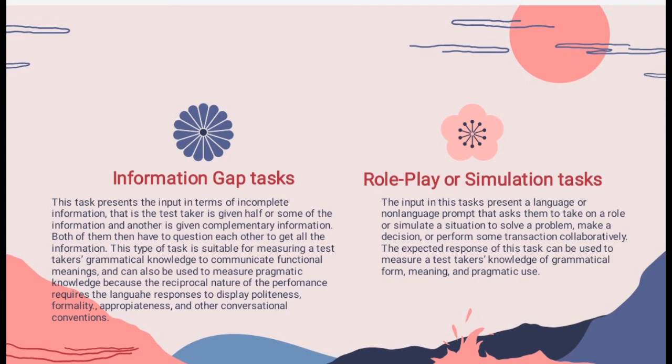This type of task is suitable for measuring a test taker's grammatical knowledge to communicate functional meanings, and can also be used to measure pragmatic knowledge because the reciprocal nature of the performance requires the language responses to display politeness, formality, appropriateness, and other conversational conventions.